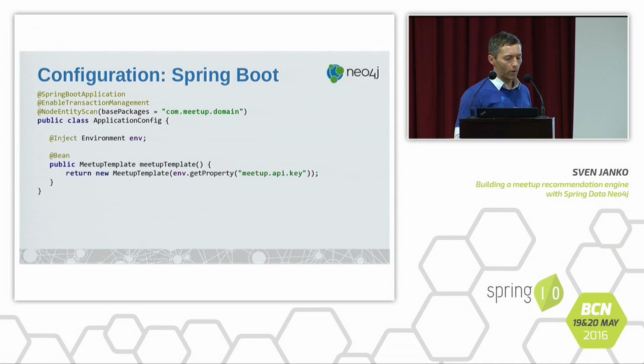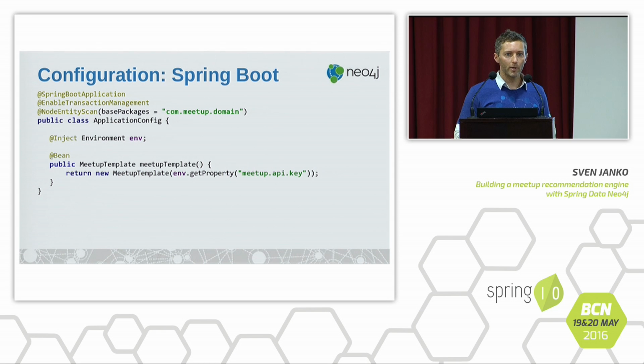Then we have the environment, which is being injected by the framework. That's this variable here. And then we are defining a simple Meetup template bean, which can be received in other classes. We have seen that actually when we imported the data from the Meetup domain, where we used this Meetup template.